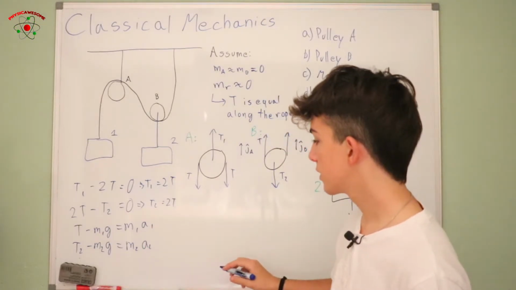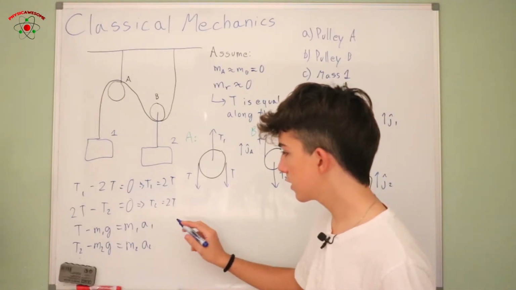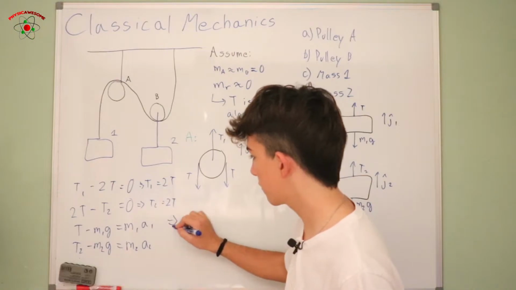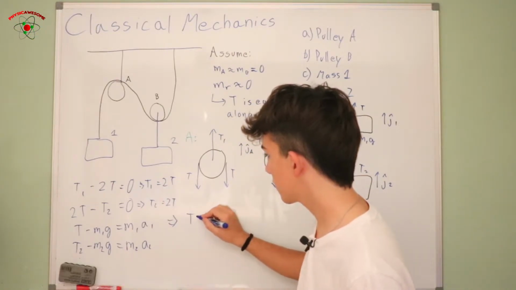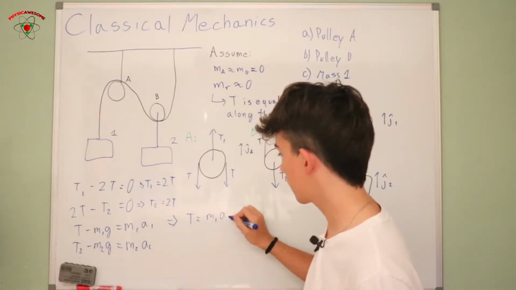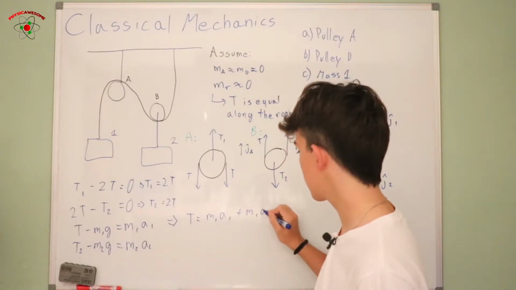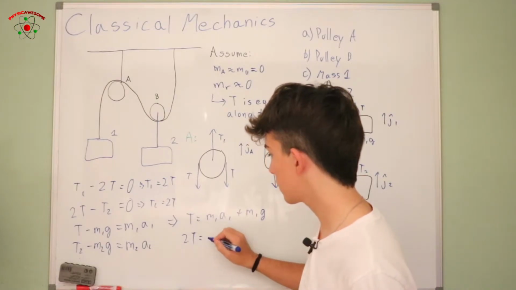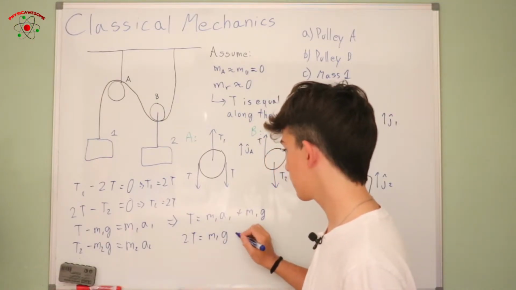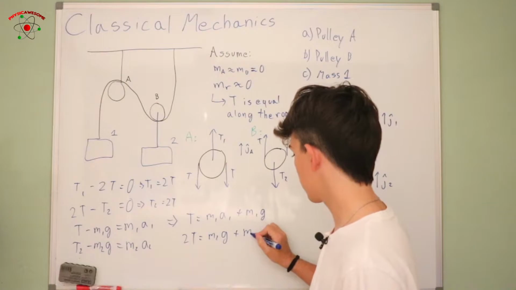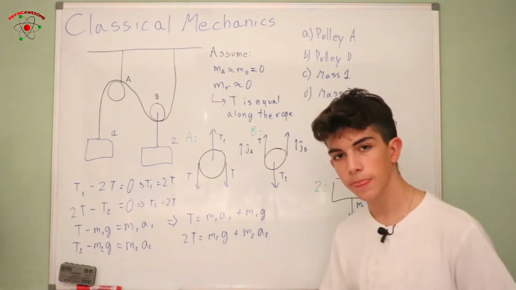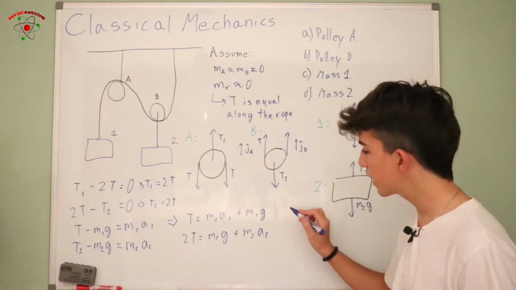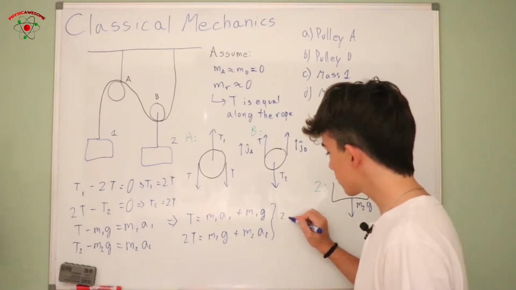If we substitute that in here, we find that T equals m1a1 plus m1g, and that 2T equals m2g plus m2a2. However, note that we have two equations.